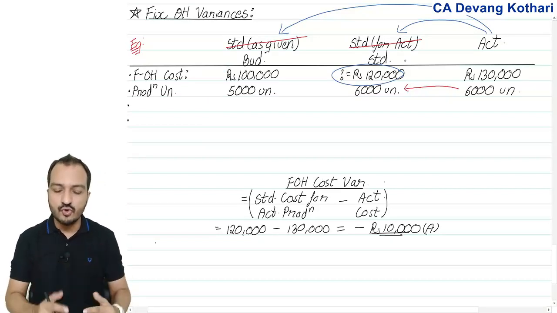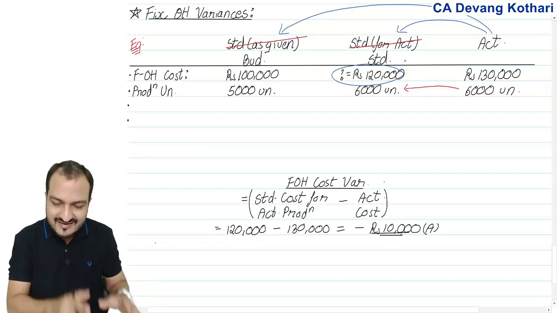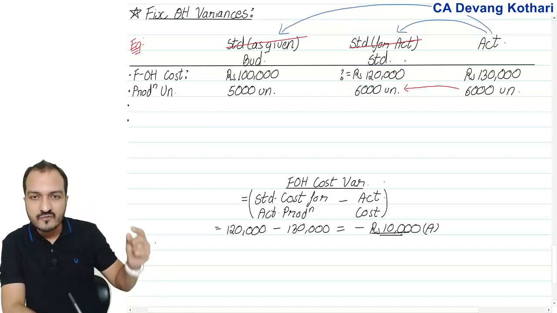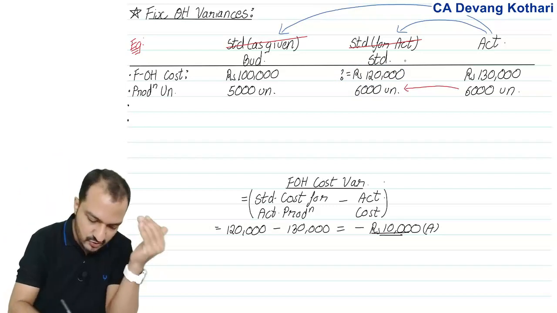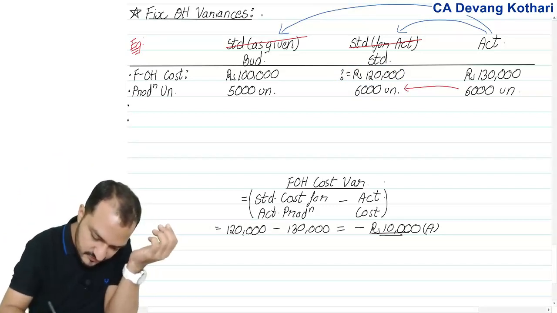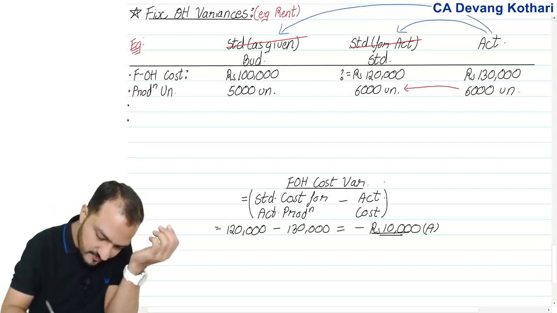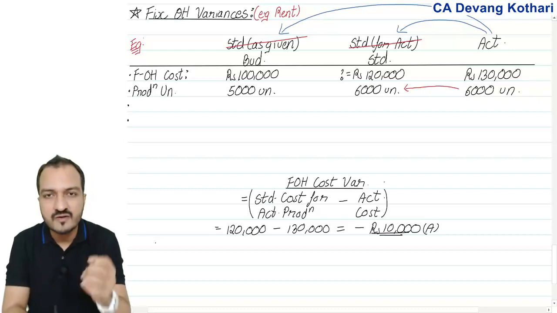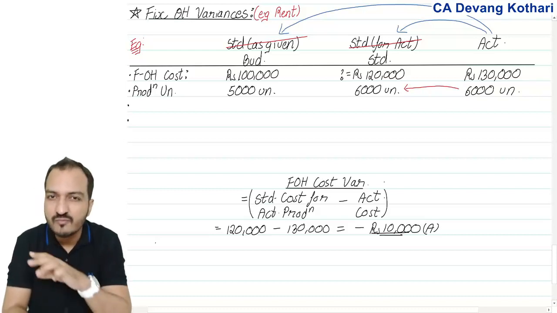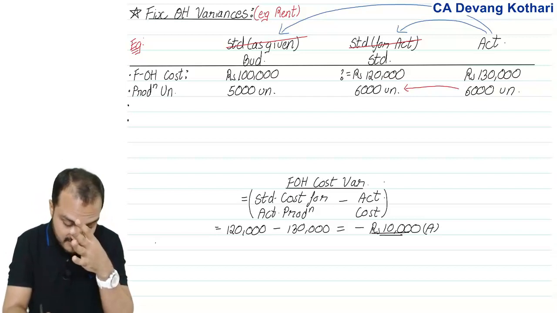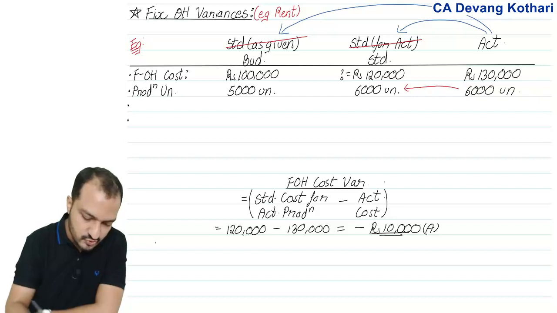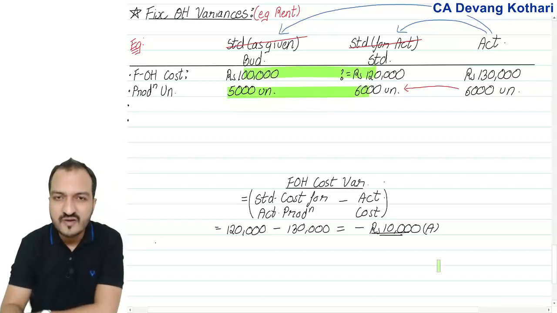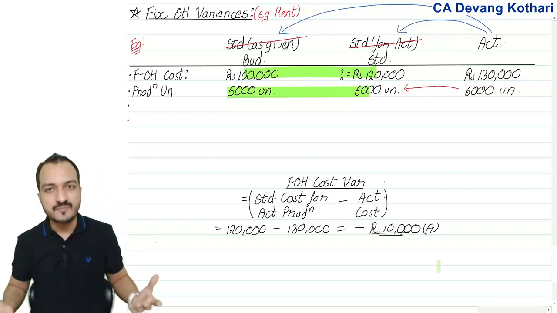Is it correct to cross multiply when we are talking about fixed overheads, like for example rent cost, or maybe accountant salary, or any other indirect cost which is a fixed item of cost? Well, definitely no. There is no concept of cross multiply here.